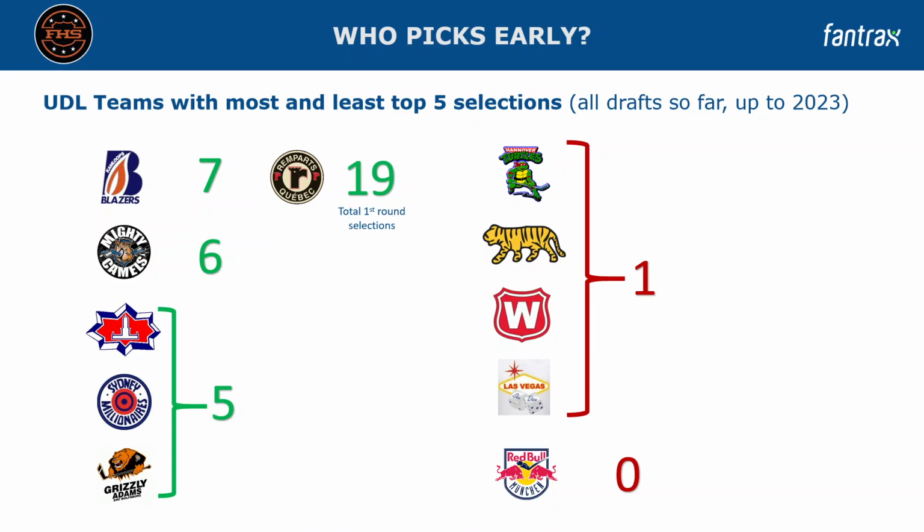Then I think next come the Blazers. Then I think Halifax is next. I don't remember, but I was surprised that Quebec has had a ton of selections in the later part of the first round. So that's about the teams who have picked where.